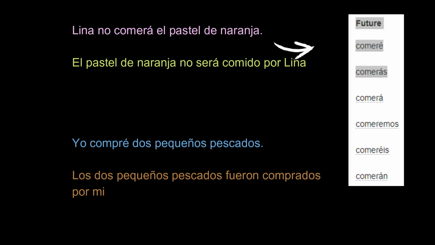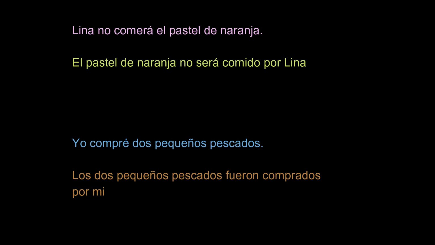When we make the passive form from this sentence, then we have to put the object of the active form into the subject in the passive form. That means that el pastel de naranja, which now is becoming the subject, no será comido.